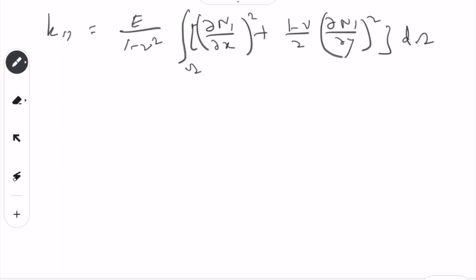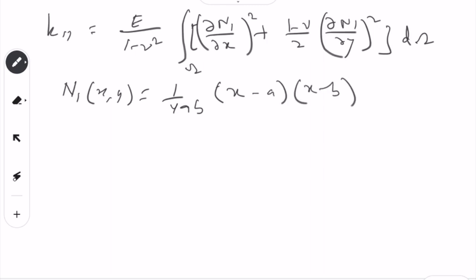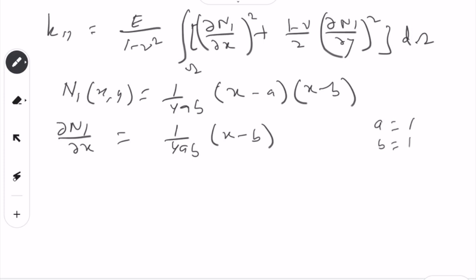We already know that n1 of xy is equal to 1 over 4ab times x minus a, y minus b, and hence del n1 over del x equals 1 over 4ab and simply y minus b. In this problem, a is equal to 1, b equal to half.